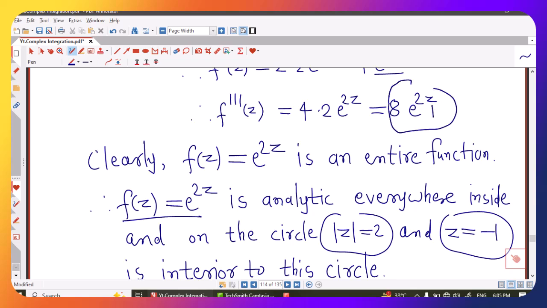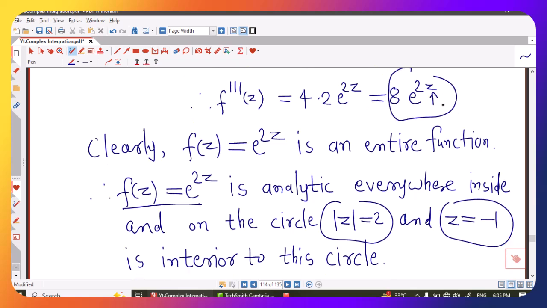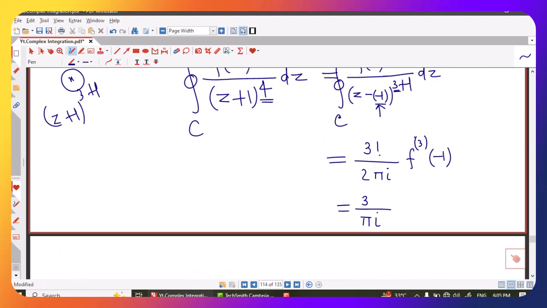So here I will put z equal to minus 1. That will give me third derivative at point minus 1. From this we can write third derivative at point minus 1 is e raised to 2 into minus 1, that is 8 times e raised to minus 2.